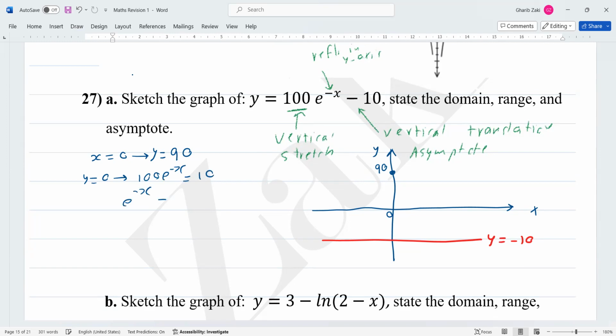So e power negative x equals 10 divided by 100, 1 over 10. Take len both sides, so negative x equals len 0.1. Now x equals len 0.1 divided by negative 1, so it is 2.3.